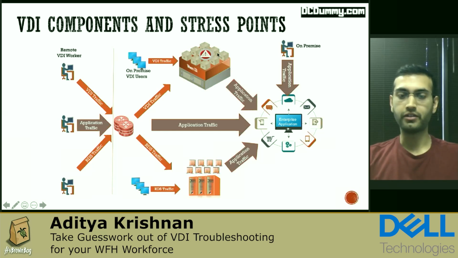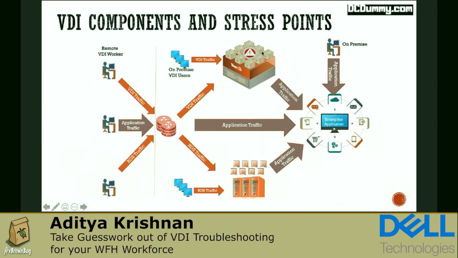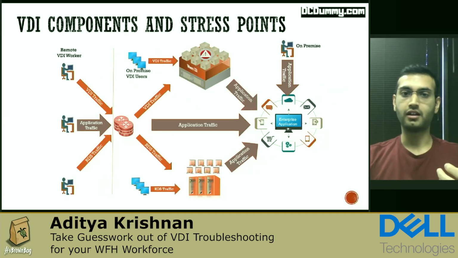Firstly, on the VDI desktops itself, you should be able to quickly see if there are any potential problems with regards to the compute, CPU, the memory related information. Are they spiking up? Is your GPU performing optimally?